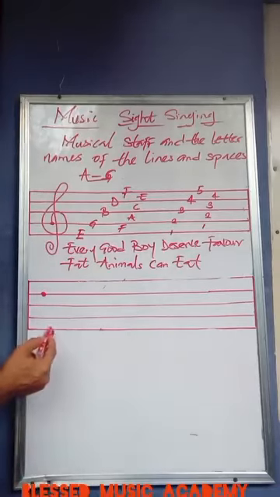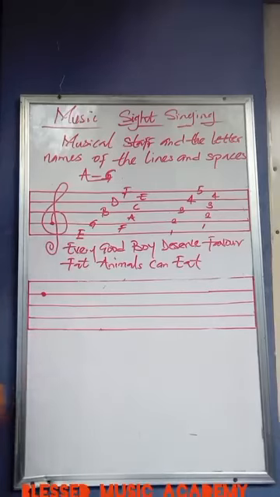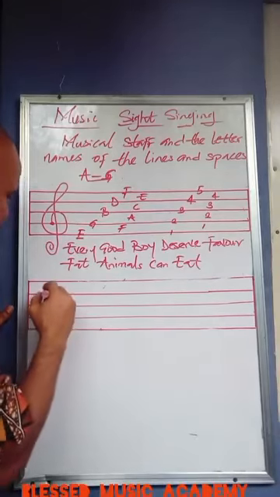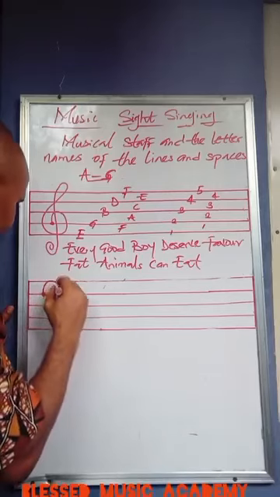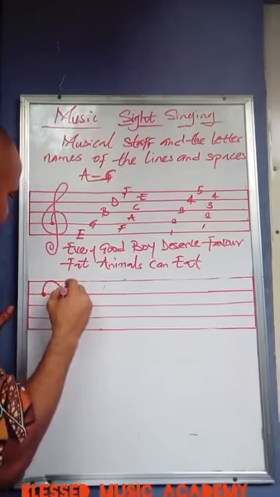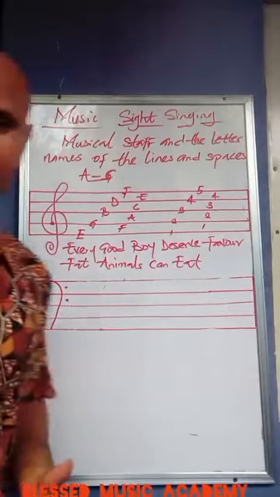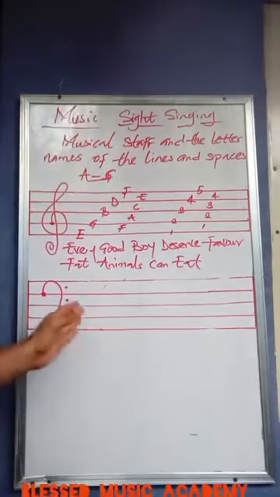Remember we number from the bottom to the top. So we begin from the F line. I will show you why this is called the F line. This is the bass staff now. Okay, now we have drawn the bass staff.